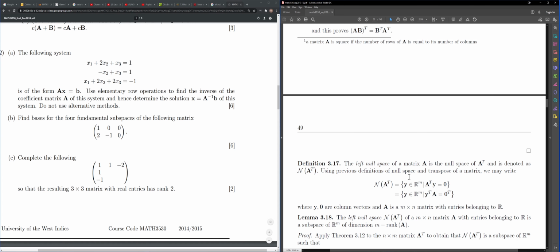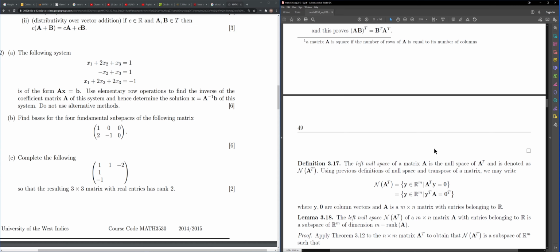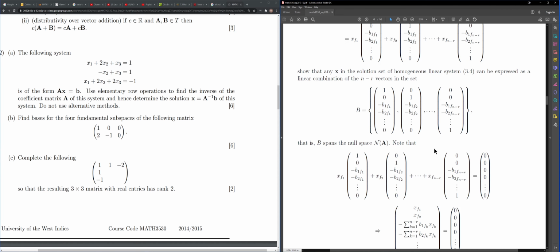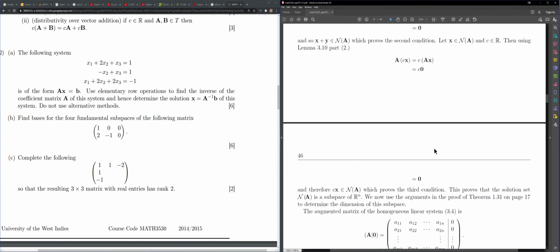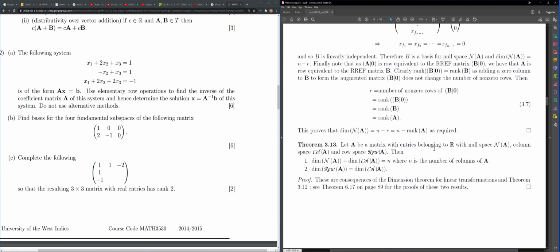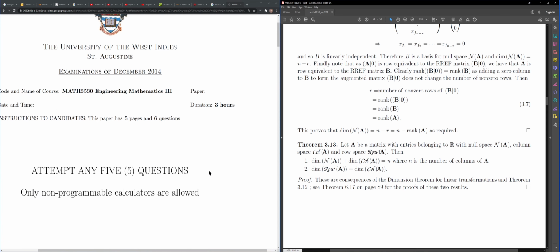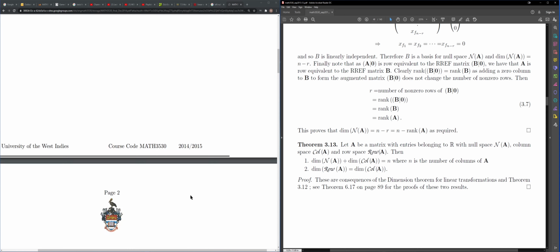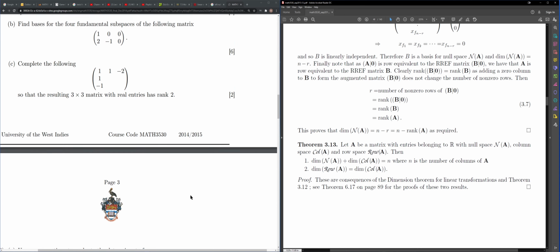But for the time being, we're looking at three of those four fundamental subspaces, which would be null space, column space, and row space. Alright, so this is my matrix, and as I said, this is a past paper, so this is 2014, and the solution is also on the website.